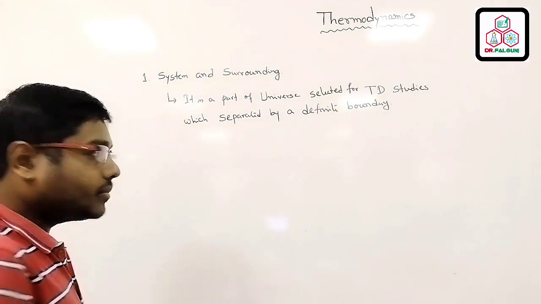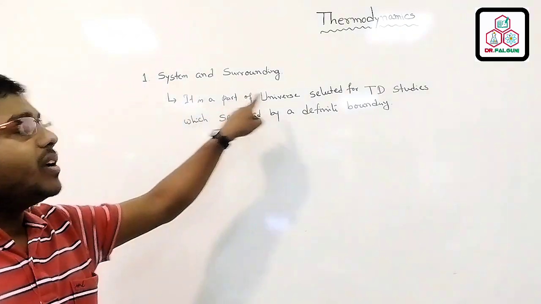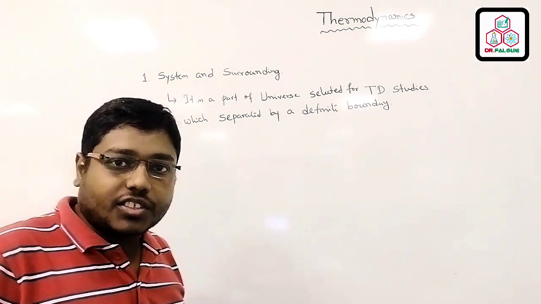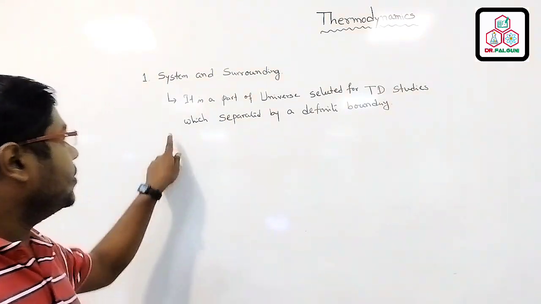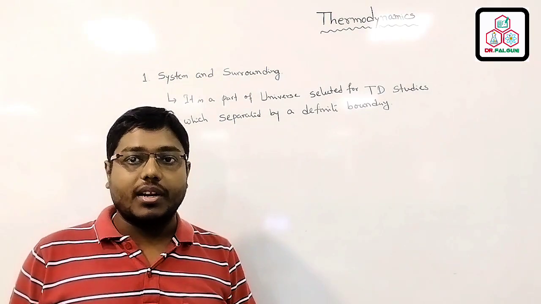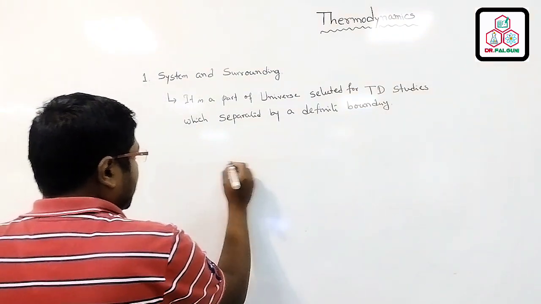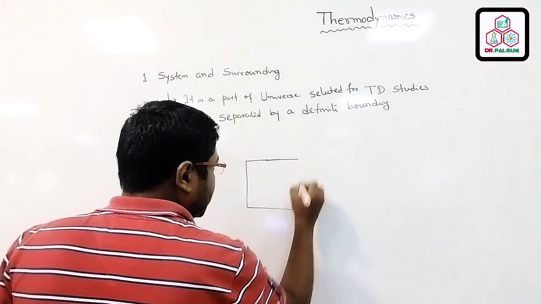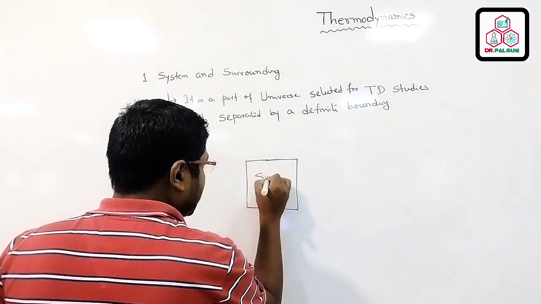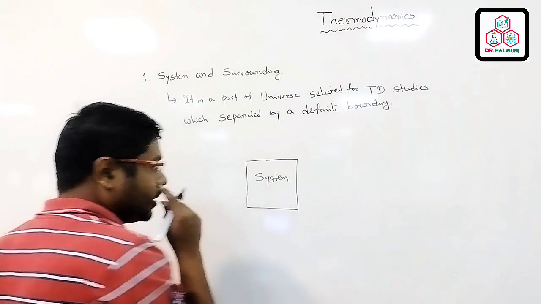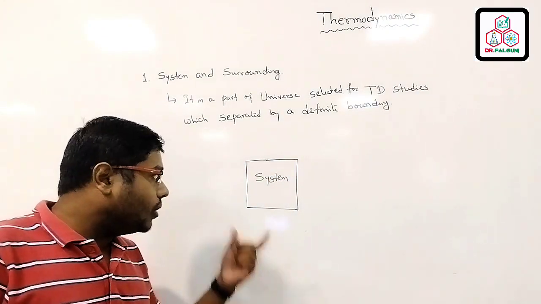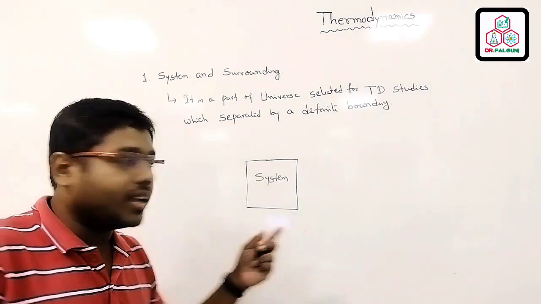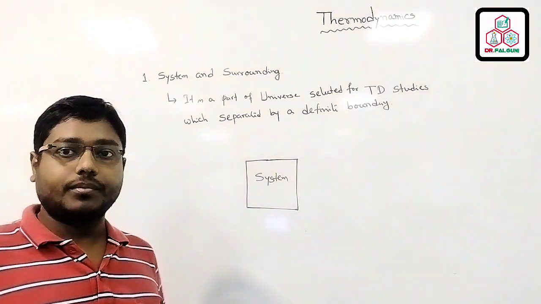Okay. So it is a part of the universe selected for thermodynamical studies which is separated by a definite boundary. So this is the system. System means we will study the thermodynamical property inside this boundary.